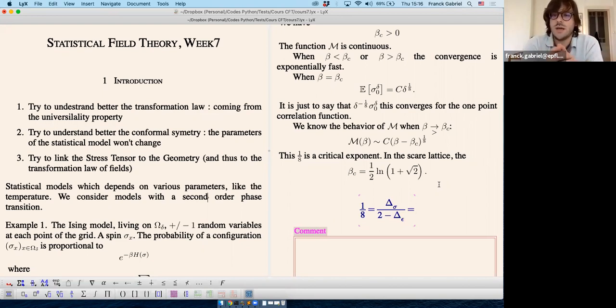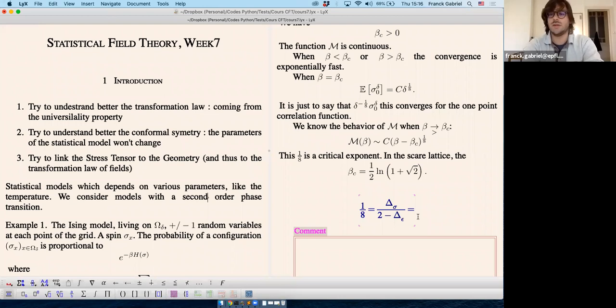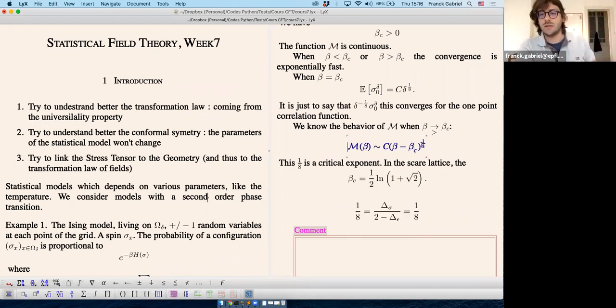So of course, you get only the dimension of the spin field, and here it's 1/8. Okay, so that's why you have a 1/8. But if I'm telling you that, it's because the relations are not trivial. It's not because there is 1/8 here that there is 1/8 here. In order to get this 1/8, you need to know the dimension of the spin and of the energy. Okay.